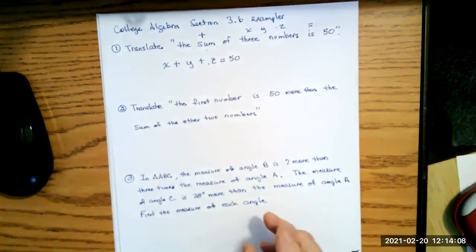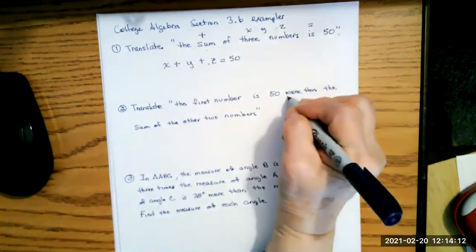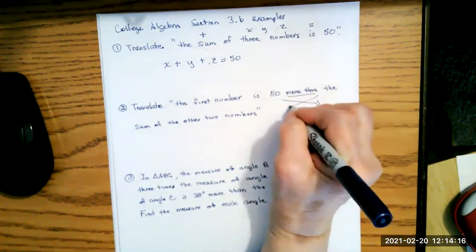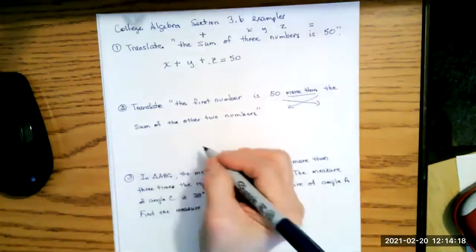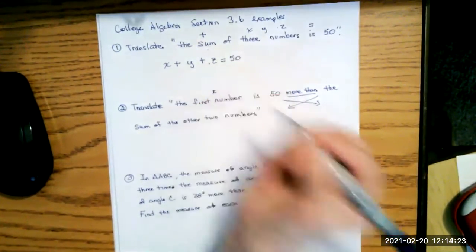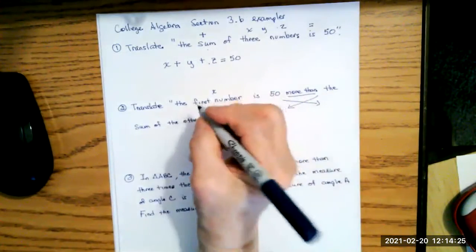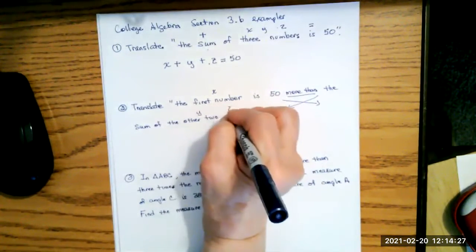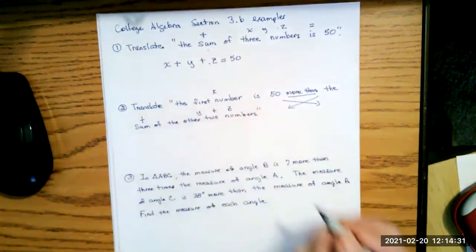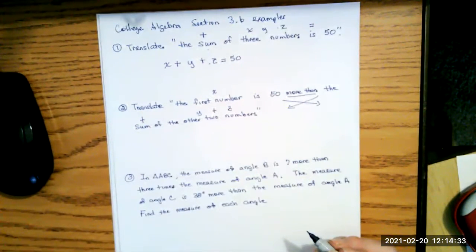The second one says, translate the first number is 50 more than, there's one of those "more thans" that reverse things, remember, the sum of the other two numbers. Okay, the first number, let's let it be X. The other two numbers are Y and Z, and we want the sum of the other two numbers, so that's going to be Y plus Z. So the first number is 50 more than.